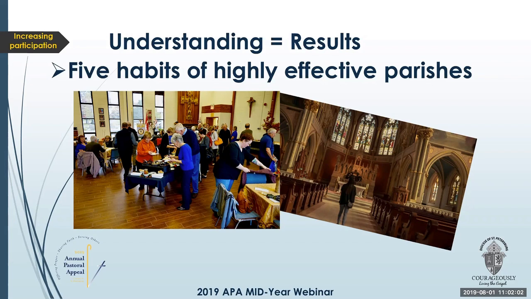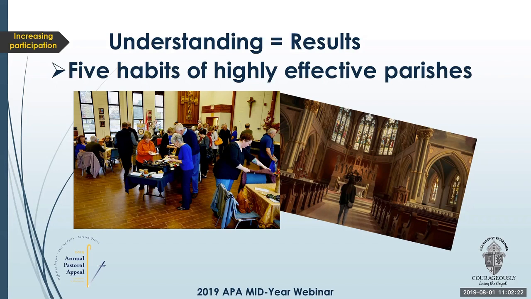Now, number 5 for the annual pastoral appeal. If we go back to the beginning of this presentation where we asked the question, what is the annual pastoral appeal? We define the difference between the assessment and the annual appeal. It is extremely important to communicate the right message here.